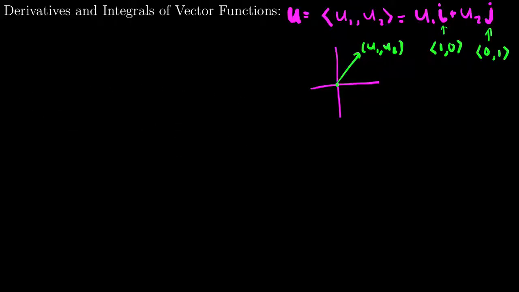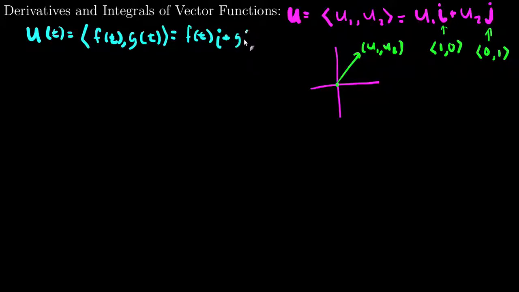And the derivatives and integrals are actually very easy. So let me define the vector valued function u of t to equal either the function f of t, g of t as the ordered pair, or f of t i, sorry, that's a j, f of t i plus g of t j as the sum of the unit vectors.